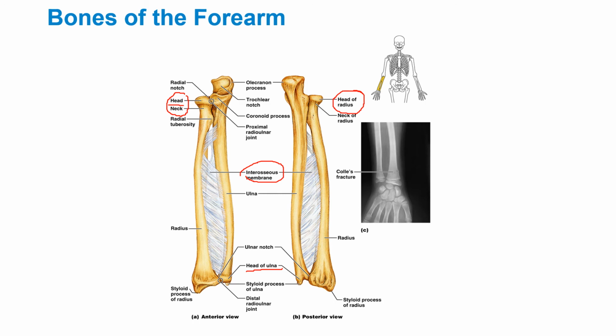So the radial head fits into the radial notch of the ulna. Distally, the ulnar head fits into the ulnar notch of the radius. So each one will have a notch for the other, and each one's head is going to fit into those notches.